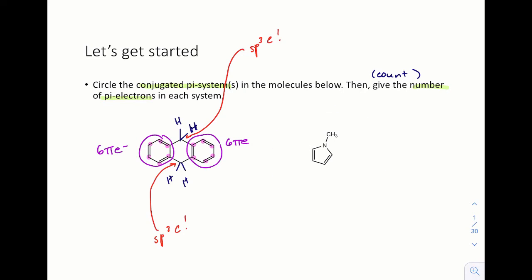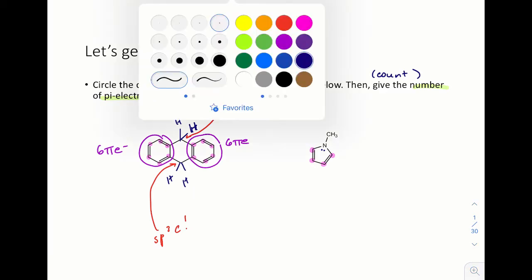Let's take a look at the second molecule here. The second molecule also has a conjugated pi system. I think identifying that these 4 atoms are involved in it is fairly straightforward. We can see those pi bonds. We know pi bonds are made from p orbitals, so we feel pretty good that those 4 atoms are involved in a conjugated pi system. Take a look at nitrogen.